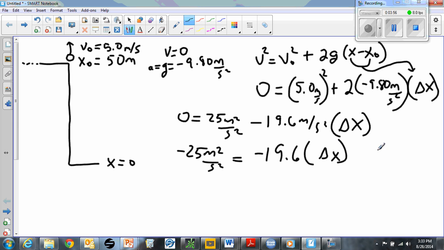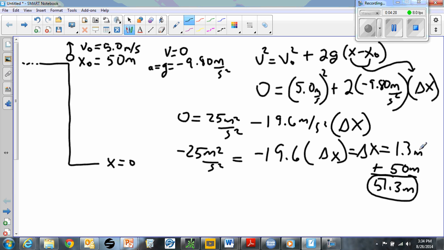And when I figure this out, I get delta x equal to 1.3 meters. Now that's above where it's thrown. If I want to go from the ground, I've got to add 50 meters to that. So I end up with 51.3 meters. So there's our answer from the ground.